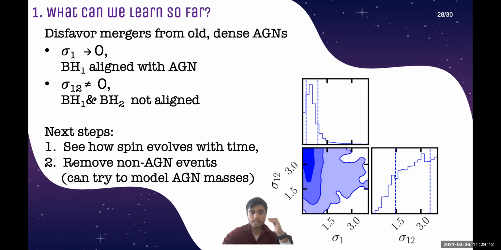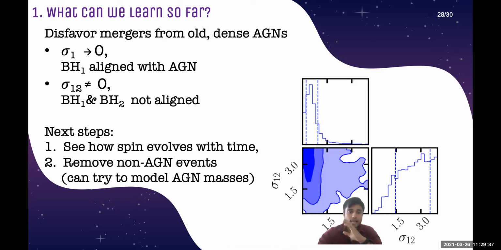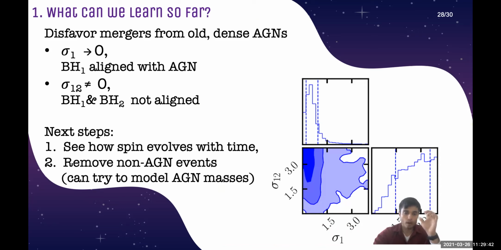This says that sigma 1 is likely to be near 0, and so the component black hole 1 should not have any misalignment. Most of its black holes should be aligned with the AGN disk, or with the orbital angular momentum. And we see that sigma 1,2 does not have any weight on being 0.